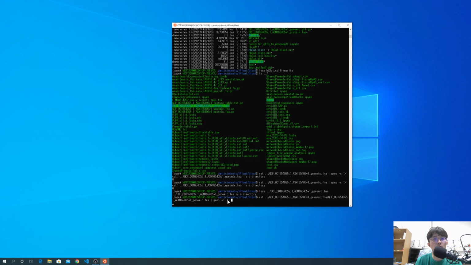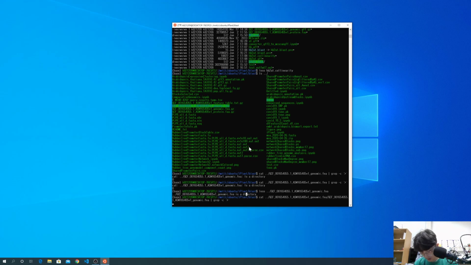So we are counting this symbol, which will give us the number of the scaffold contigs. It takes time.